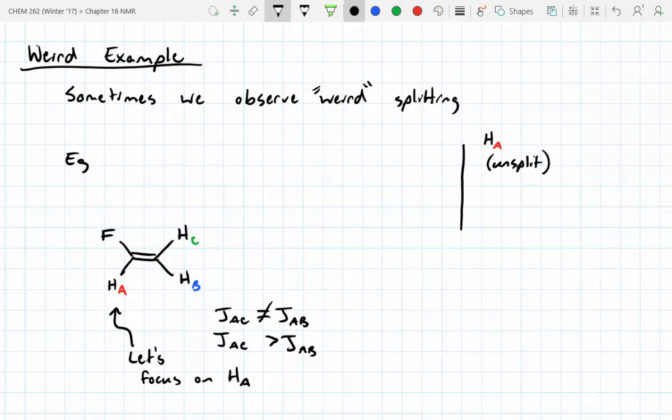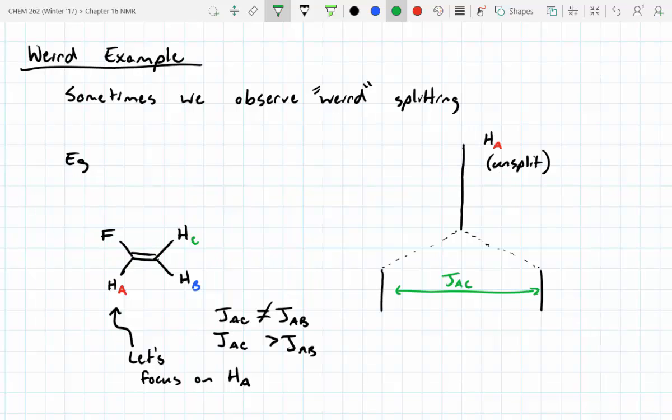So what I'm going to do is split this, and if we split it, that peak that was 4 units tall is now only going to be 2 units tall because it's being split into 2 equal portions. And we're going to call this splitting our JAC split.